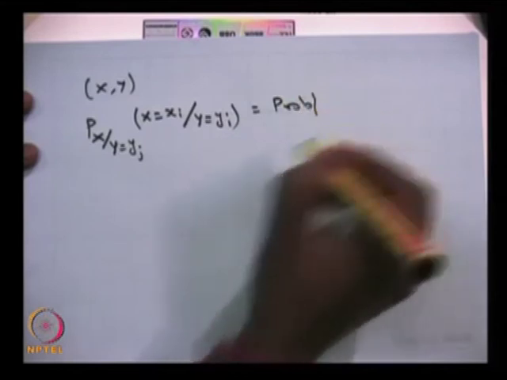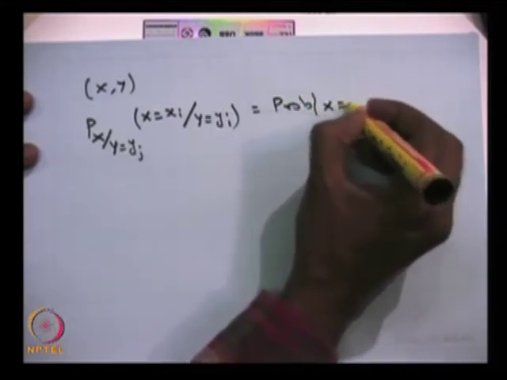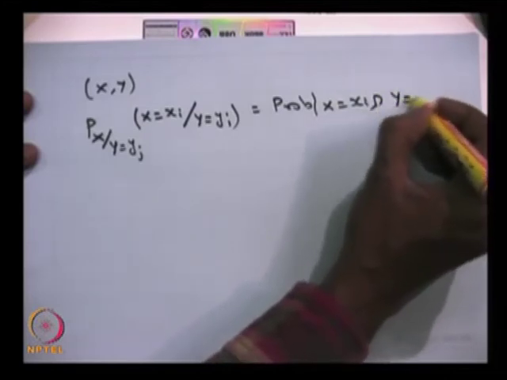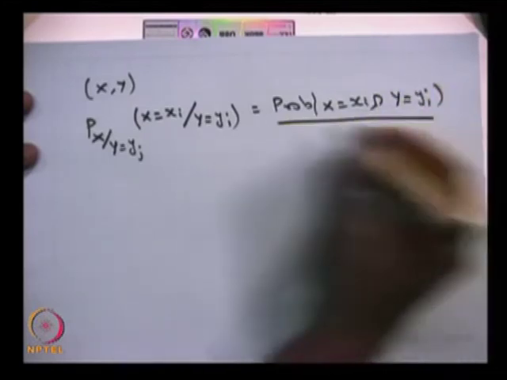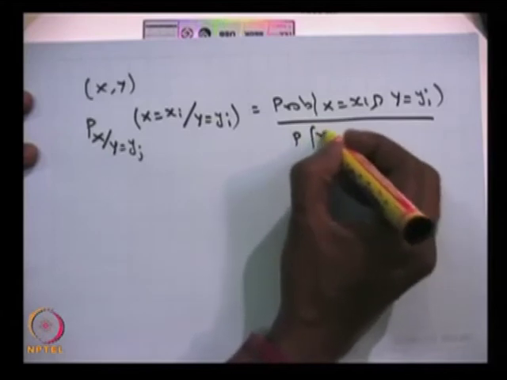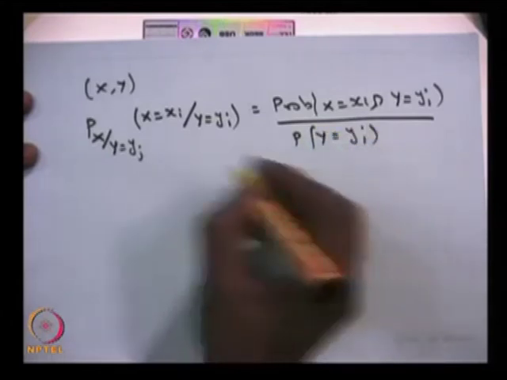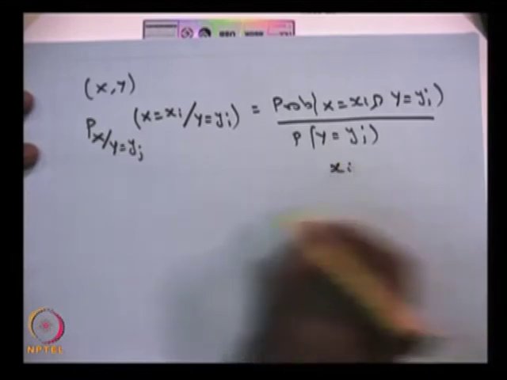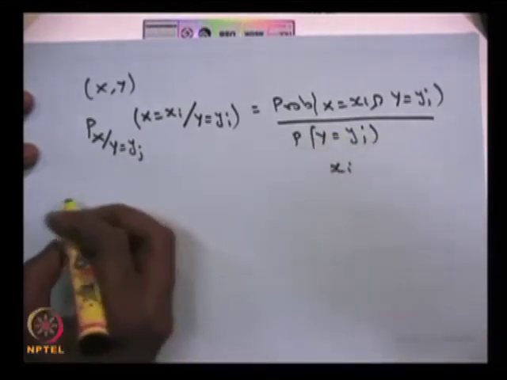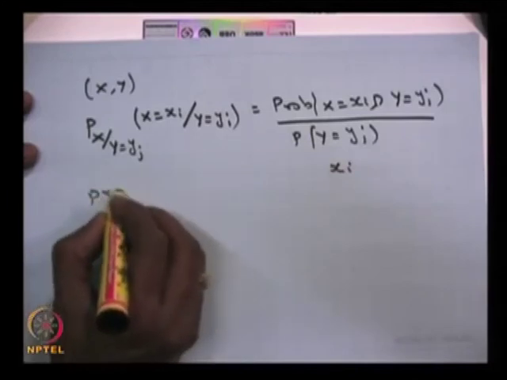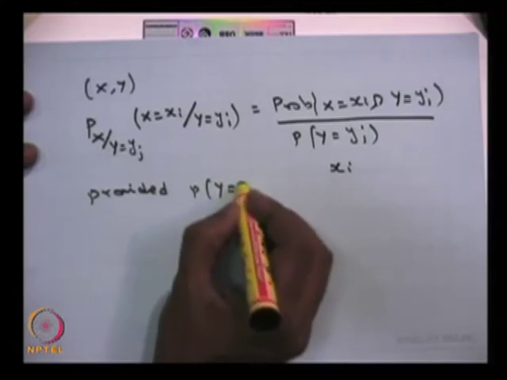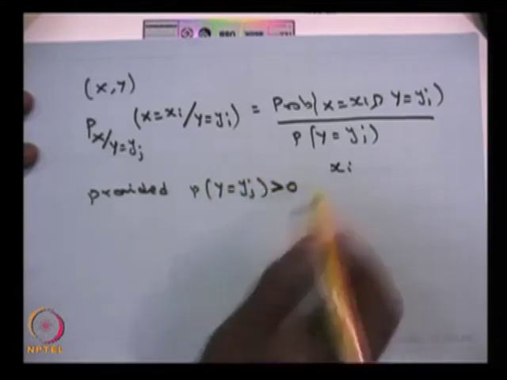I can compute it by finding the probability that X takes a value xi intersection with Y takes a value yj, divided by the probability that Y takes a value yj. And here the running index is for all xi's, and this is for fixed yj. Therefore, the provided condition is that the probability of Y taking a value yj has to be strictly greater than 0.